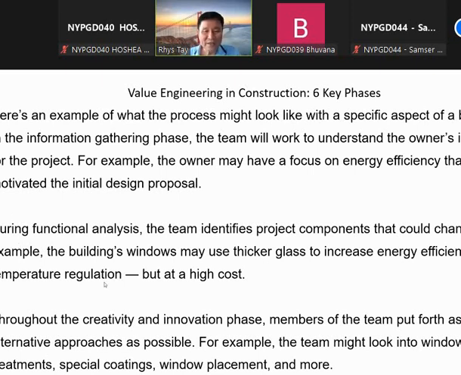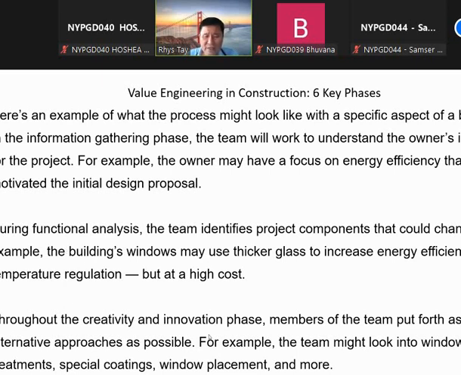Then you look at the people that you need, the process that you need to change, okay? Then the material you need to change. For example, here, building windows may use thicker glass to increase energy efficiency and temperature regulation, but at a higher cost. And this higher cost is worth it in terms of building management, okay?